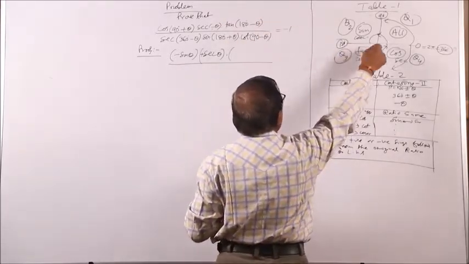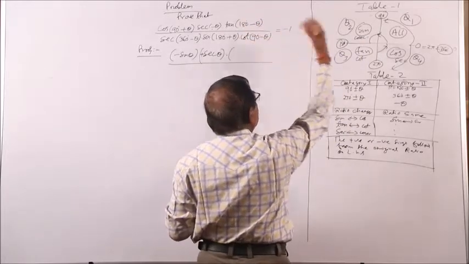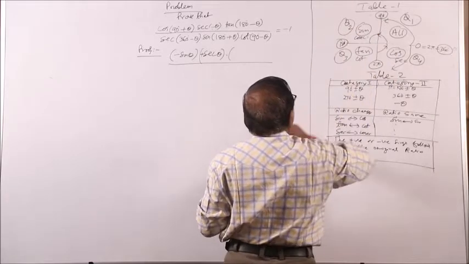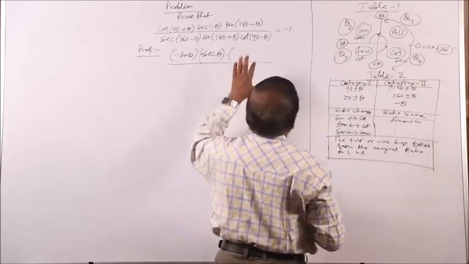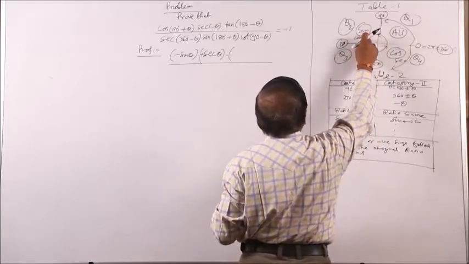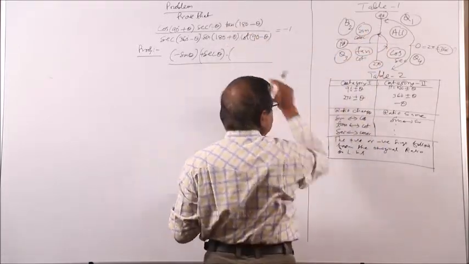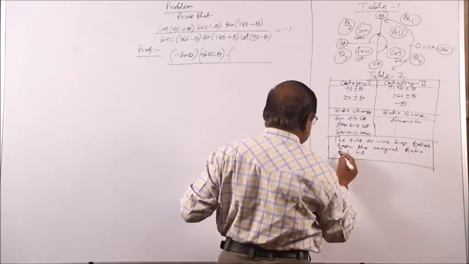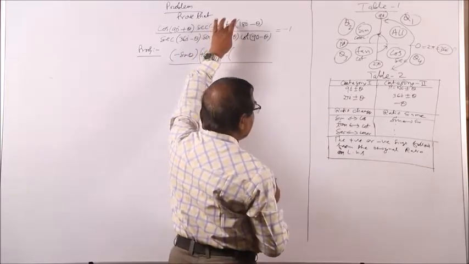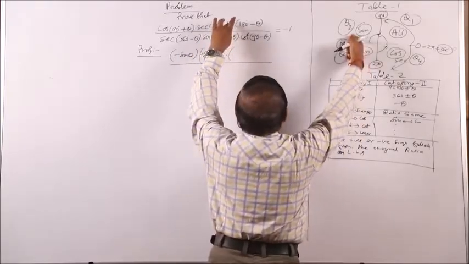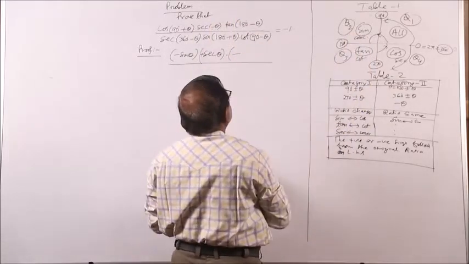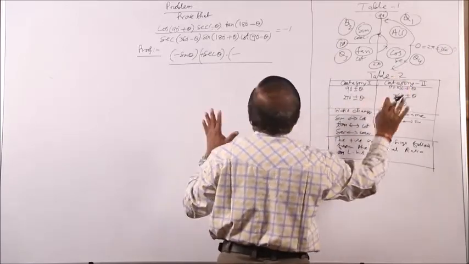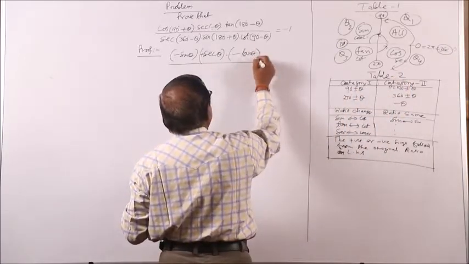This is up to 180, so 180 minus theta lies in the second quadrant. In this quadrant sine is positive, cosec is positive, and since the original ratio is tan, the positive or negative sign follows from the original ratio on the left hand side. So since 180 minus theta is in the second quadrant, tan is negative, so we put a negative sign here. And as far as 180 minus theta comes under category 2, the ratio remains the same, the ratio does not change.